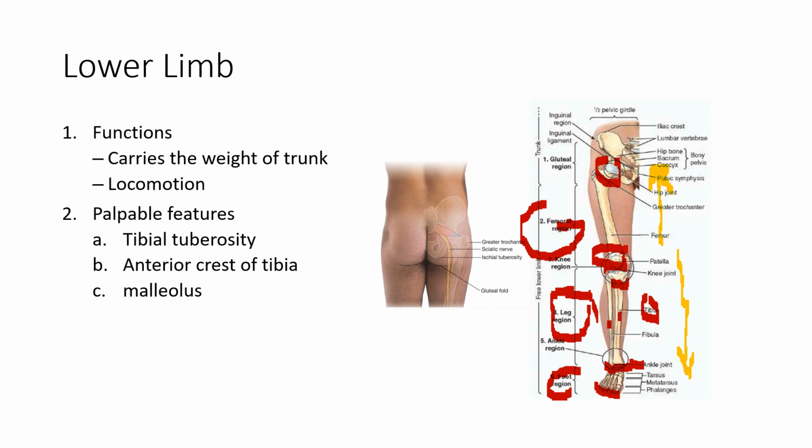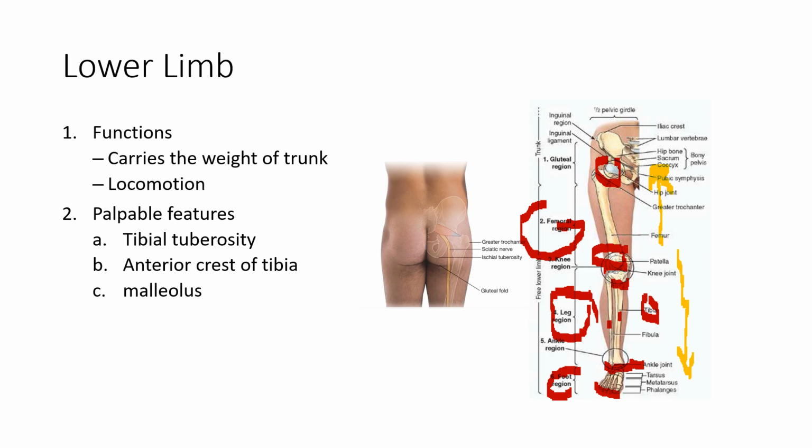So why is this significant or important? Well, the tibial tuberosity is a bone mass that provides a site for the connection of the patellar ligament, which means the patellar ligament attaches to the tibial tuberosity.